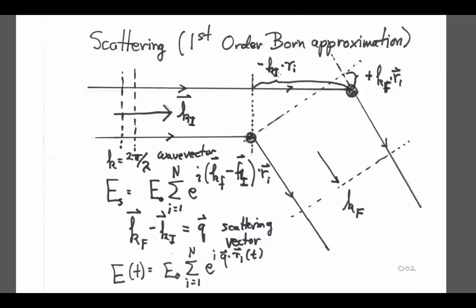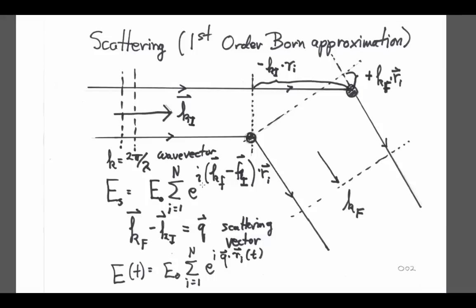And the phase shifts, it's a wave. We have the wave vector. We have a distance traveled. The particles have positions labeled by r vector i. And so this phase shift is minus k_i dot r_i, minus because it's longer. And this phase shift is plus k_f dot r_i, plus because the path is shorter.